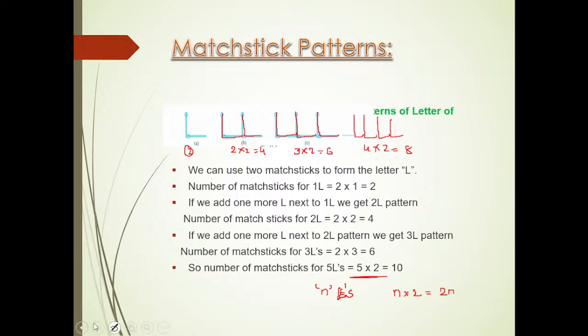For example, if you want to make 100 L's, the formula is 100 into 2. For every L we require 2 matchsticks. So 100 into 2, that is 200 matchsticks we require. Okay, let us continue.